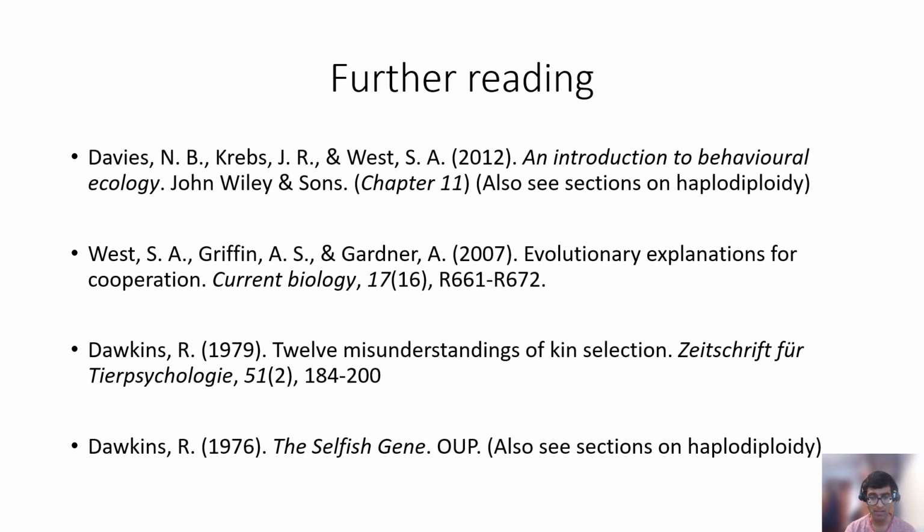So I strongly recommend having a look at that. It's the thing that got me very interested in evolutionary biology when I was at school. It's a really good book. It also has sections on haplodiploidy that are very useful.